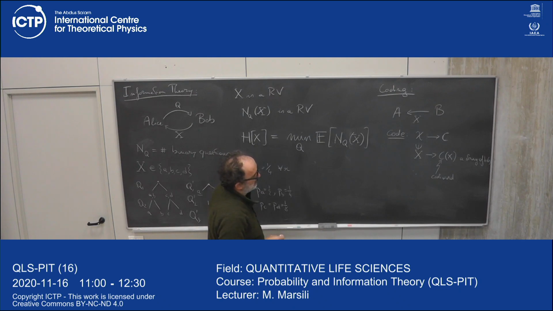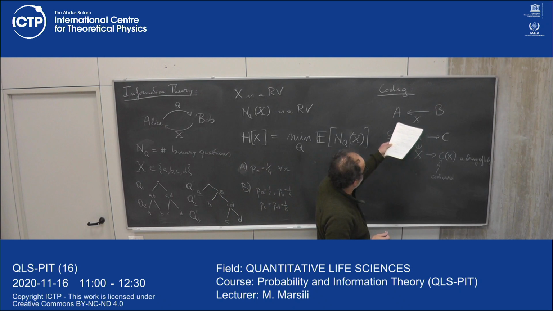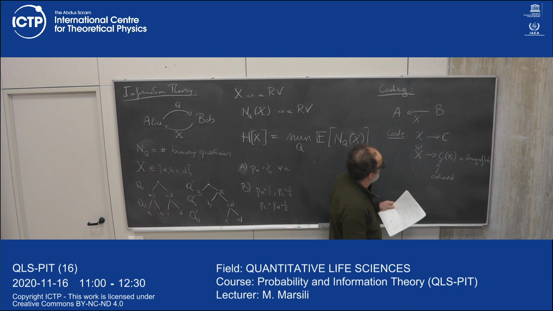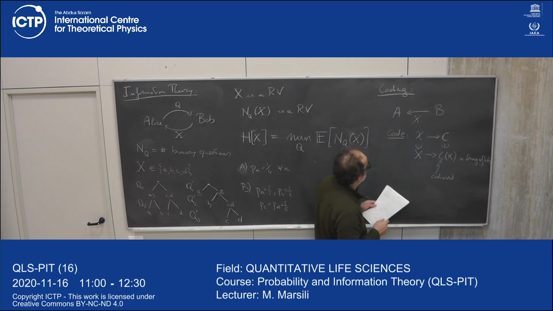And then Alice and Bob have to decide on one code, and if they want to be efficient, they may want to find the code such that they have to transmit the minimal number of bits.